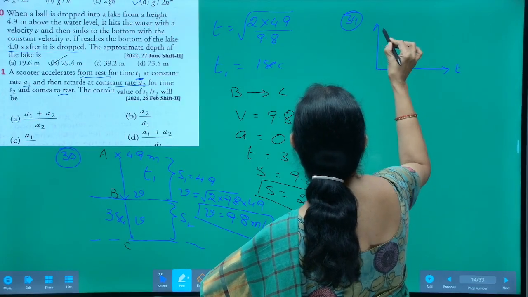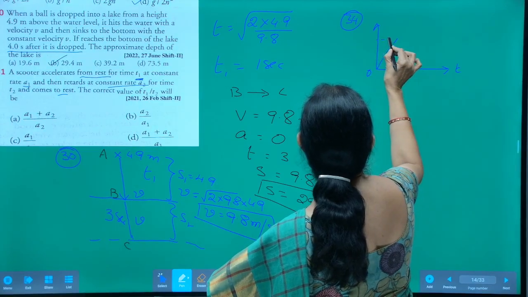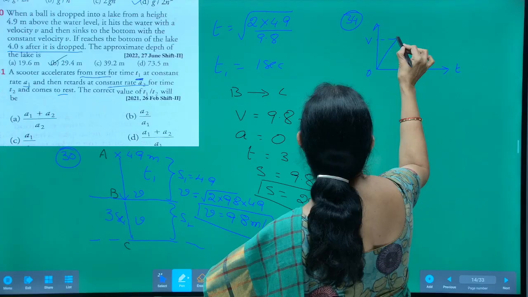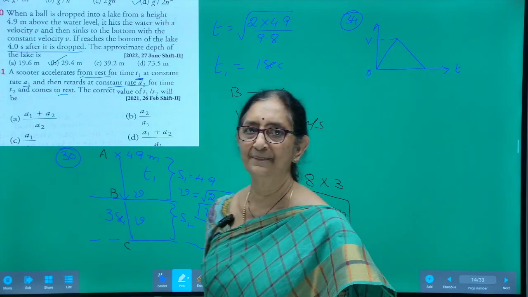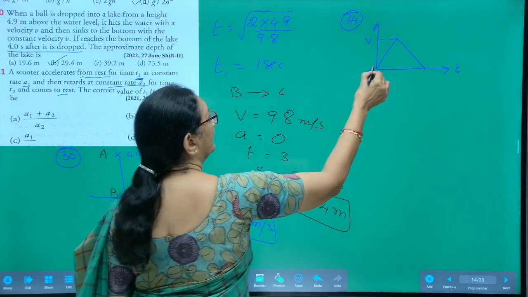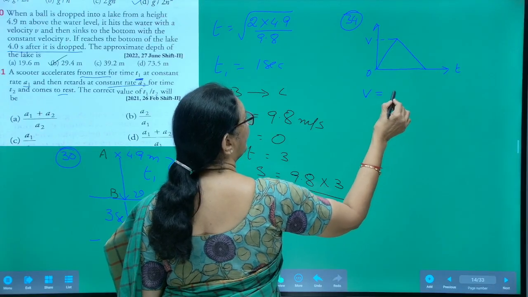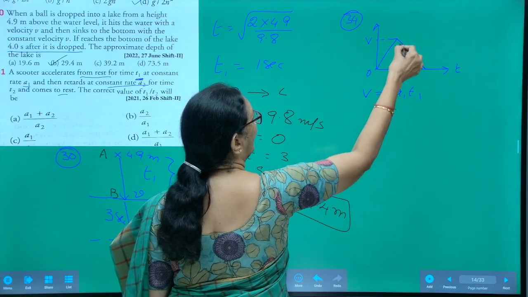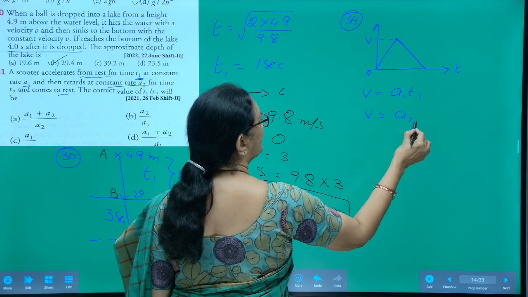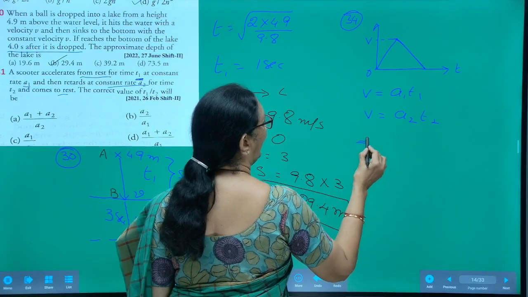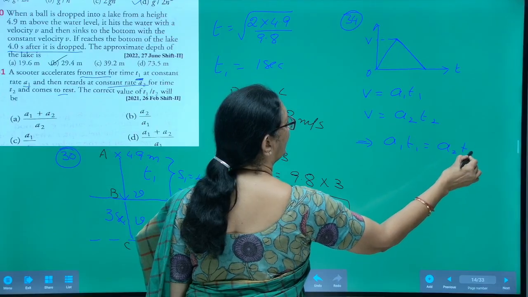Starting from rest, it acquires a maximum velocity v, and again it uniformly retards and comes to a stop. So from the acceleration graph, velocity is a1 t1. From the retardation graph, the same velocity is a2 t2. This implies a1 t1 is equal to a2 t2.